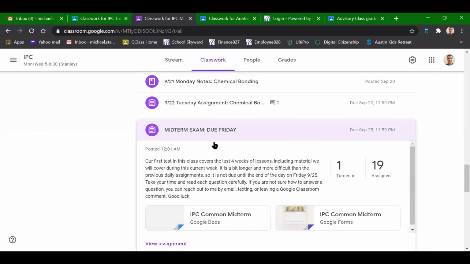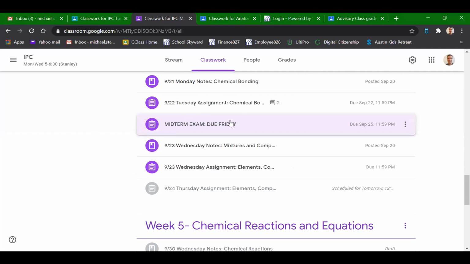So the solids and liquids, the changes and characteristics, properties, the neutrons and protons and electron shells, all of that stuff will be on the midterm, as will some of the stuff that we're talking about today. So make sure you keep that in mind and get that turned in by the end of the week.